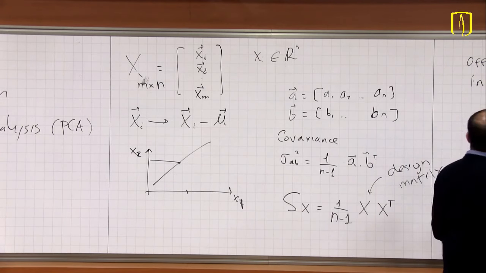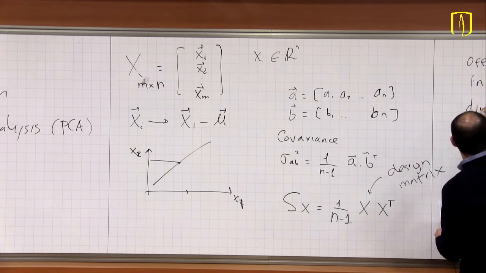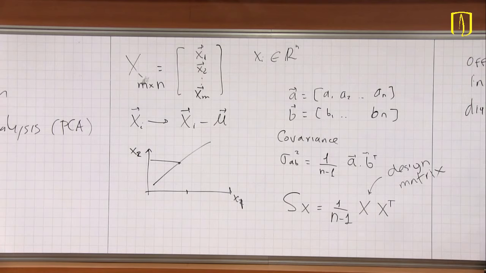And the diagonal ones quantify the variance of each of the components.